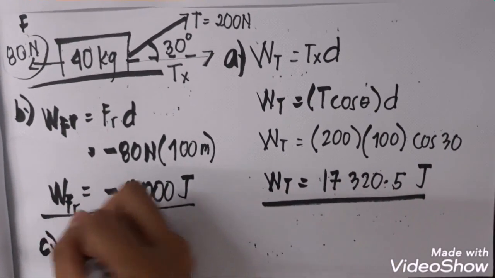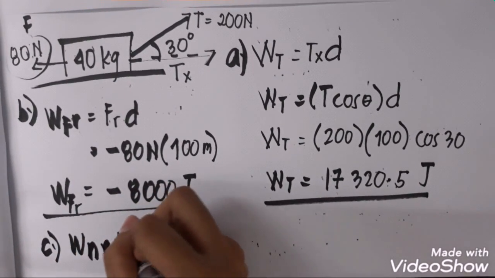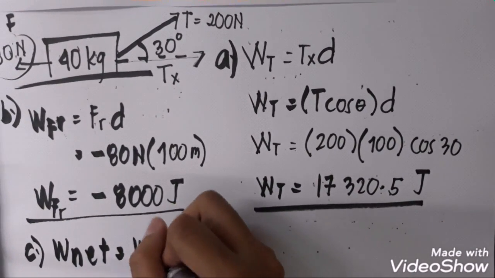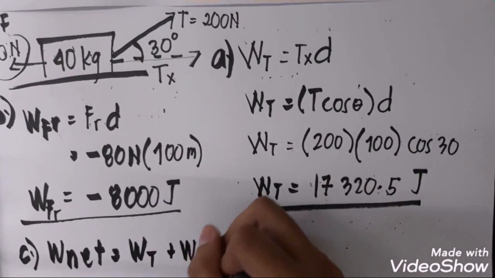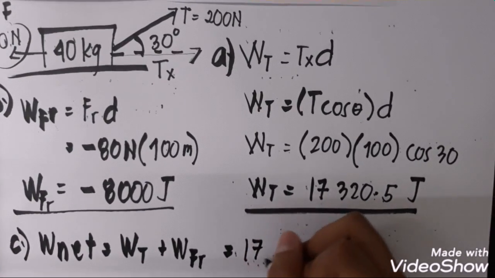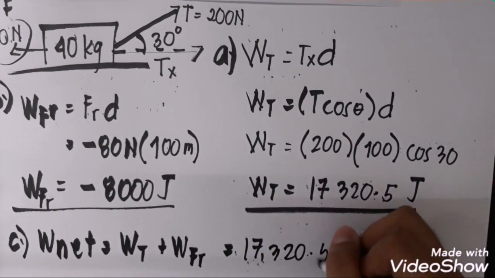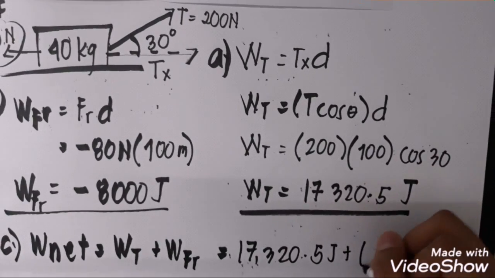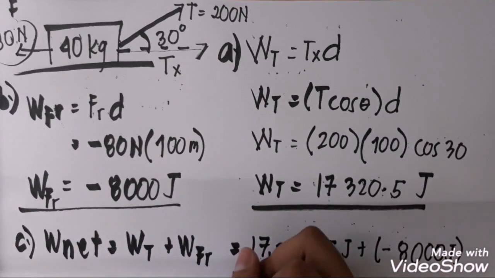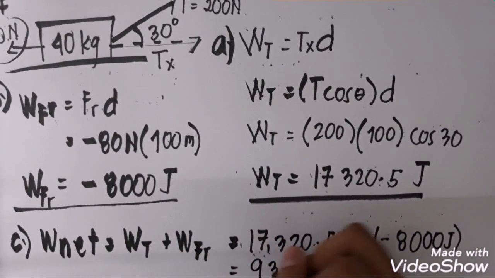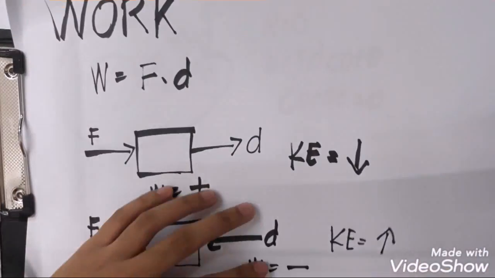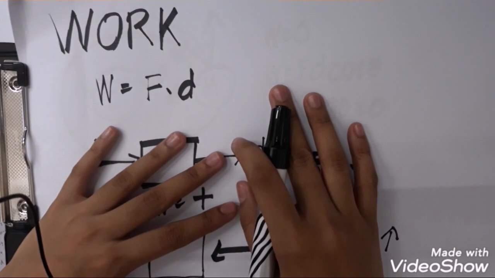So net work is equal to the work done by tension plus the work done by friction, which is 17,320.5 joules plus negative 8,000 joules, equal to 9,320.5 joules. So that is all for work. I hope you've learned a lot about it.